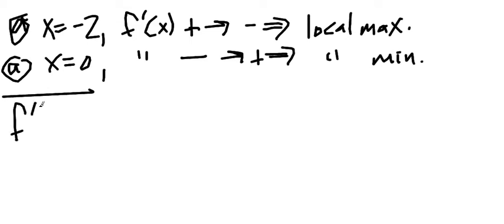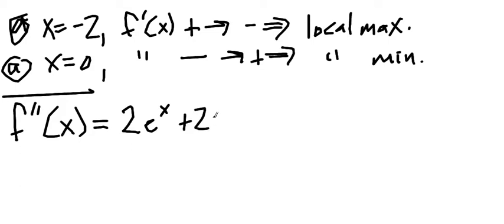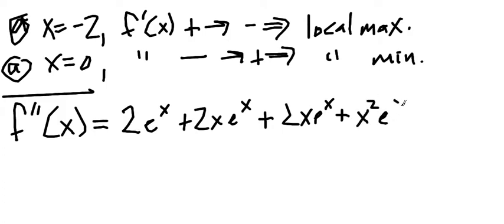Great. We could also use the second derivative test. The second derivative test would say, well, first compute the second derivative. Remember, our derivative was 2x e to the x plus x squared e to the x. The derivative of 2x e to the x is 2e to the x plus 2x e to the x. That's from the product rule. The derivative of x squared e to the x is again 2x e to the x plus x squared e to the x.